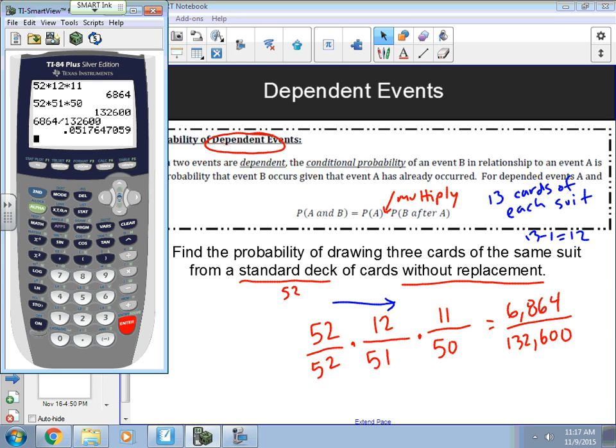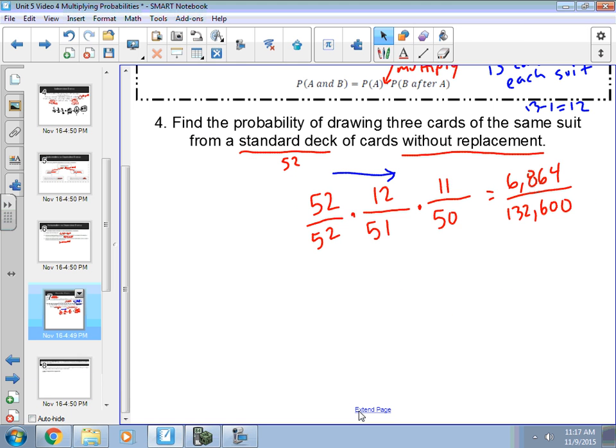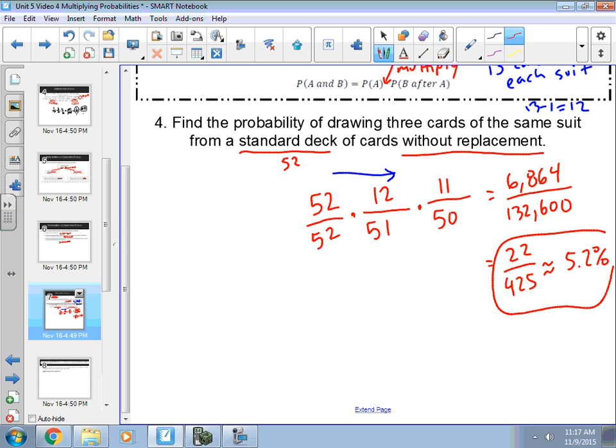It looks like it's about 5.2%. But if you want to change it to a simplified fraction, hit math and then fraction, and then it'll change this to a simplified fraction. 22 out of 425 would be the same thing, just simplified out. So another way we could write this answer would be 22 out of 425, or about 5.2%. So one of those two answers is probably how you'd have to answer it on a test.